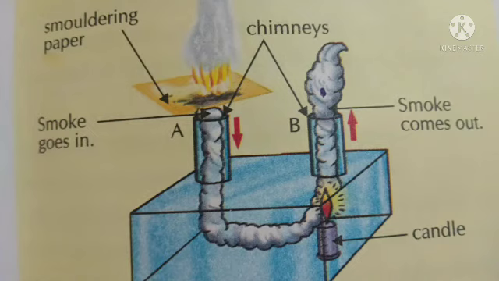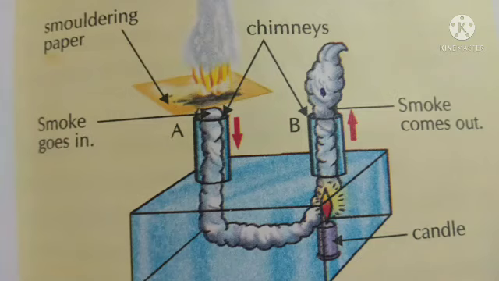This creates a low pressure region, and to balance the pressure, air from outside is sucked into the box through chimney A. Air sweeps out smoke and paper along with it, and this setup we can consider as a convection current.